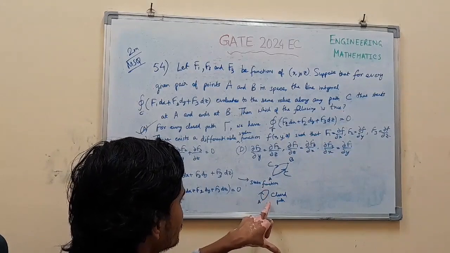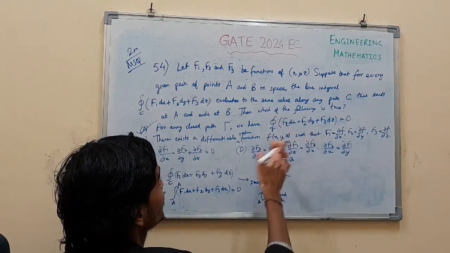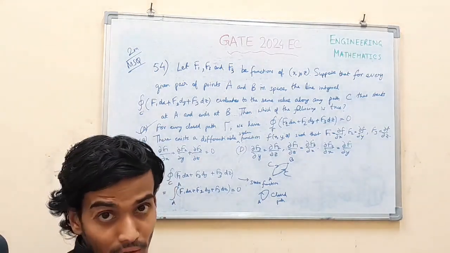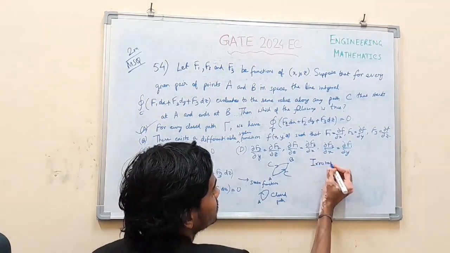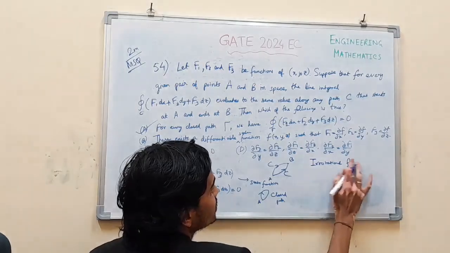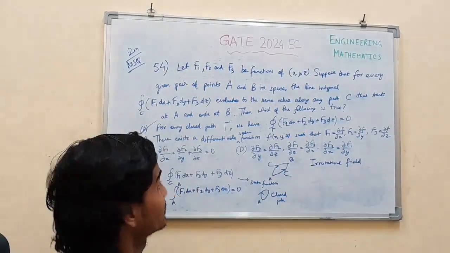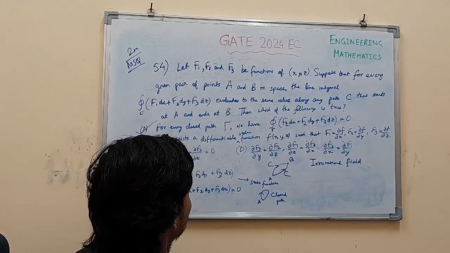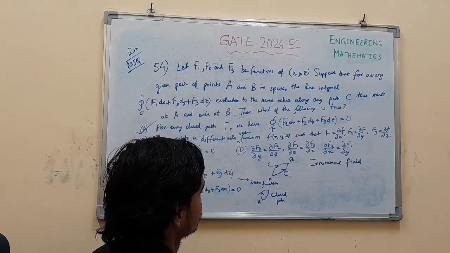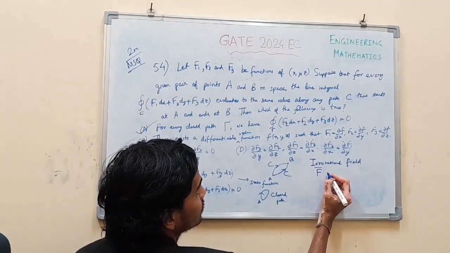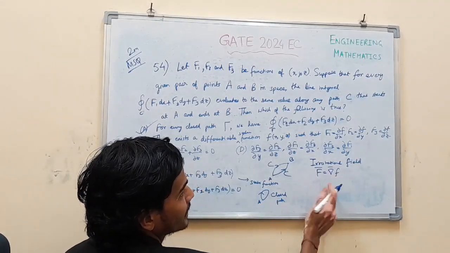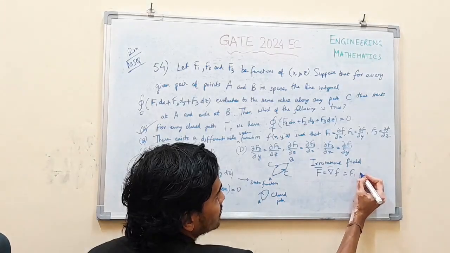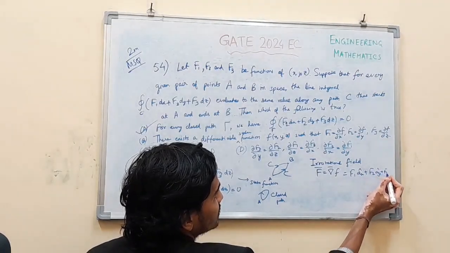Now as this is a state function, depending only on the endpoints and not on the path, we can call this an irrotational field. It can be represented by a scalar function f such that it is the gradient of f, which is f1 ax plus f2 ay plus f3 az.